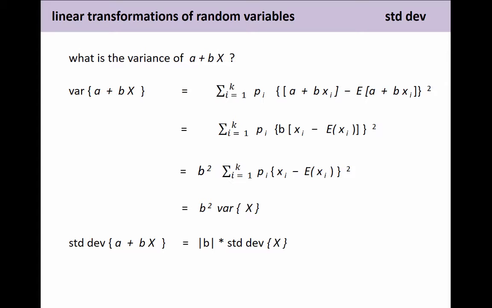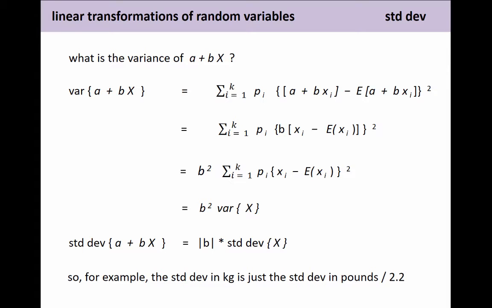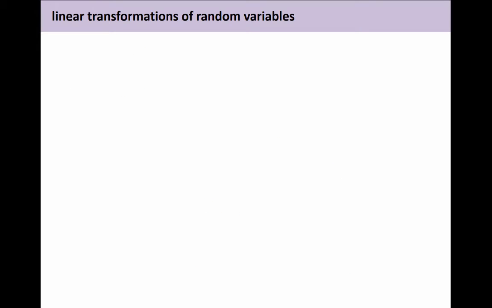So the standard deviation of our new random variable is just the absolute value of b times the standard deviation of x. Again, using our conversion with pounds and kilograms, the standard deviation in kilograms is just the standard deviation in pounds divided by 2.2.